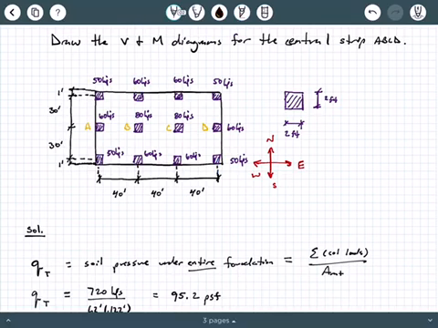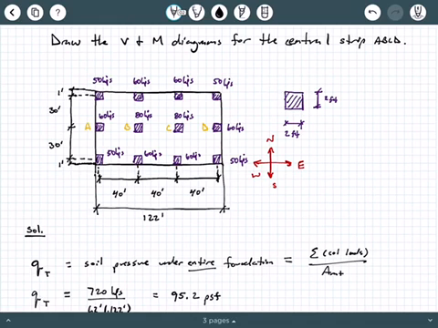So the entire dimension in the east-west direction is actually not 120 feet, it would be 122 feet. Similarly, in the north-south direction, the total length of the mat is 62 feet, not 60 feet.